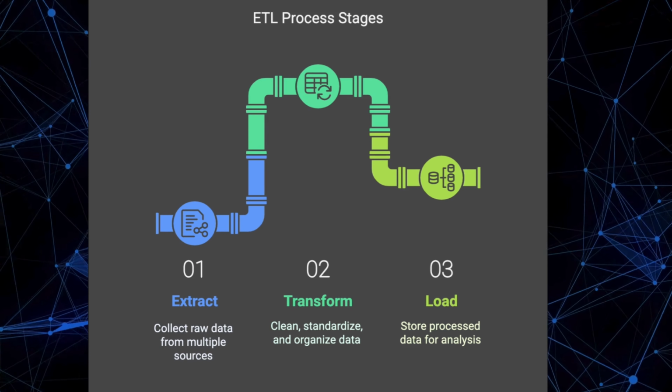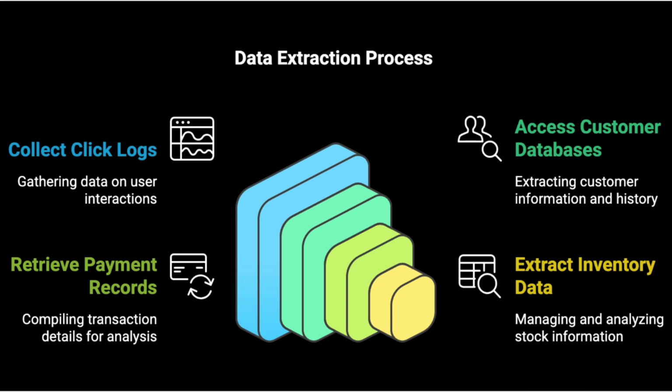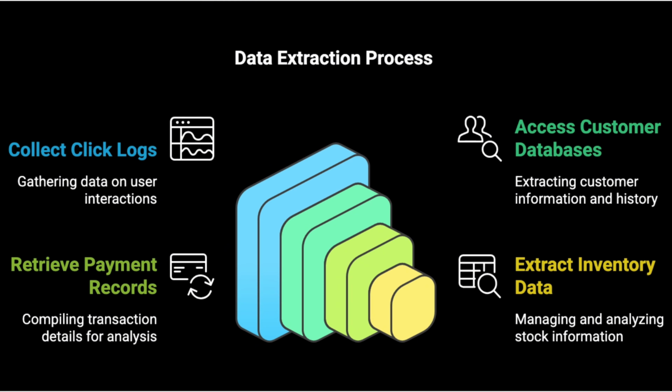The first stage is extract, which is collecting raw materials. Imagine an e-commerce store like Jumia or Temu. Every time a customer places an order, browses a product, or abandons their cart, data is generated. But here's the problem. This data is spread across multiple sources like website click logs, customer databases, payment records, and inventory systems.